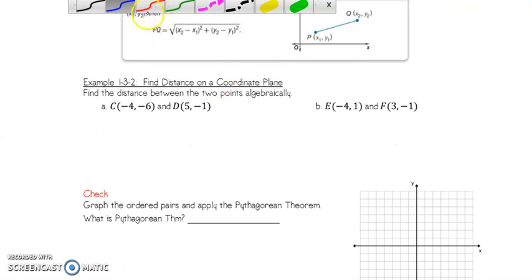I really want you to focus on subtracting these values in whichever order makes the most sense to you. Most of the time people like to take the first and then subtract the second. So we're finding the difference, just like we've been doing: the difference of those two squared plus the difference of our y's squared.